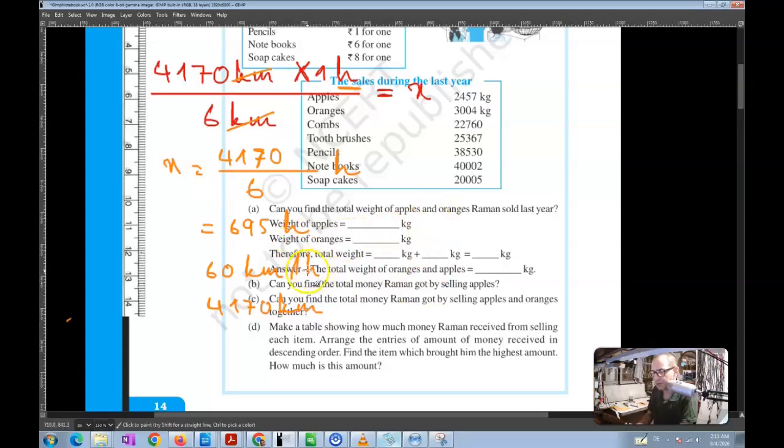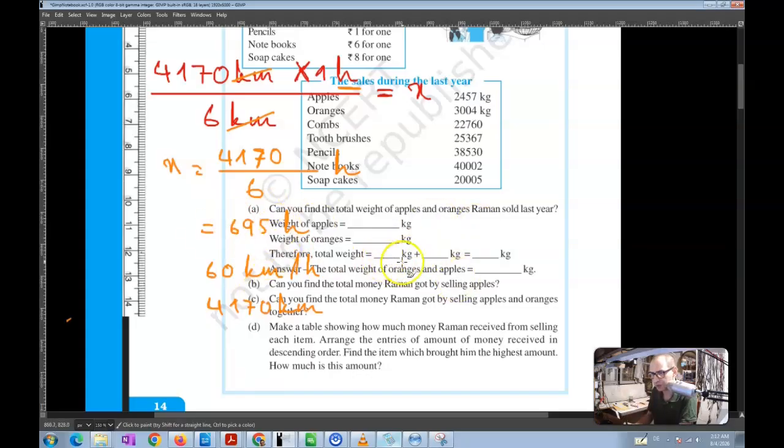Now if I cover a distance of 60 kilometers in 1 hour, in 695 hours, I'm going to cover a distance of 60 times something around 700.